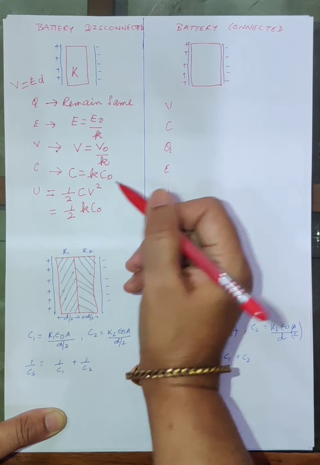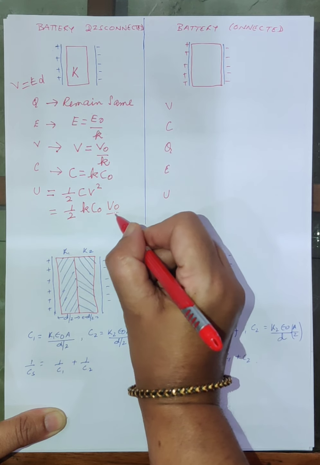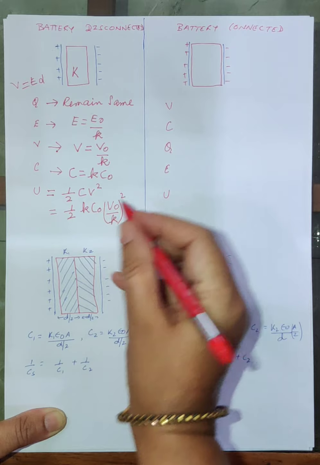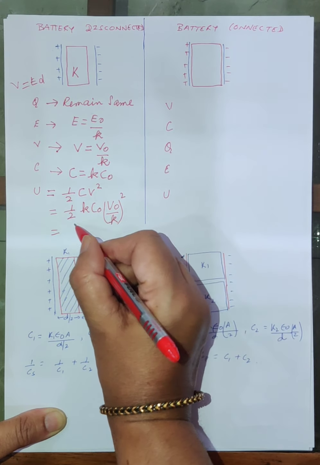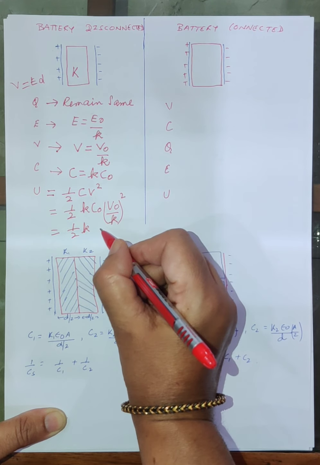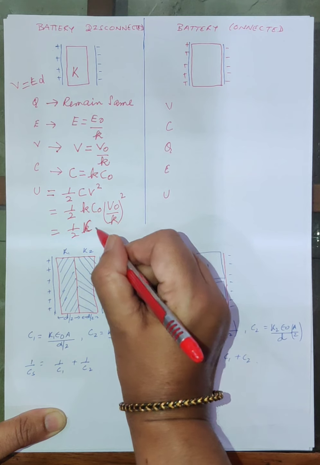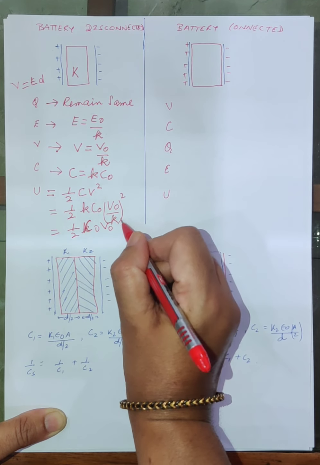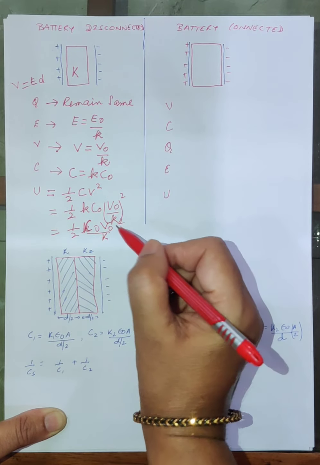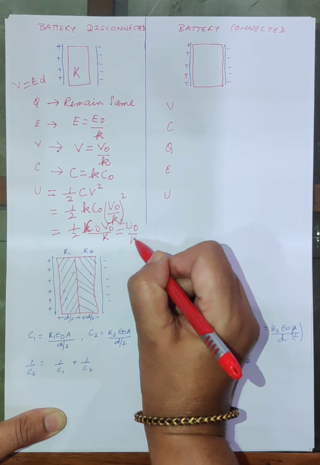And my potential difference reduces; it becomes V naught by K. So on solving, I'll get half K C naught V naught square by K squared, that is half C naught V naught square by K. So on adding the dielectric, my energy will get reduced.